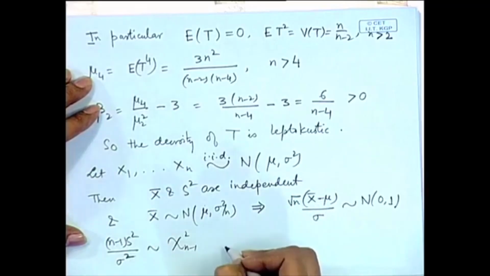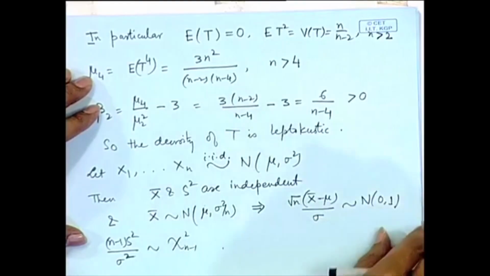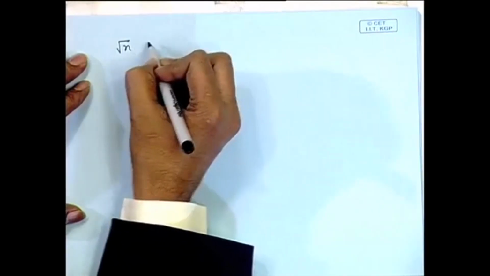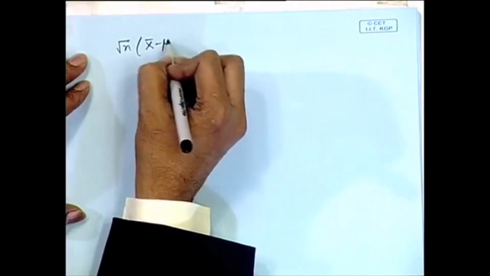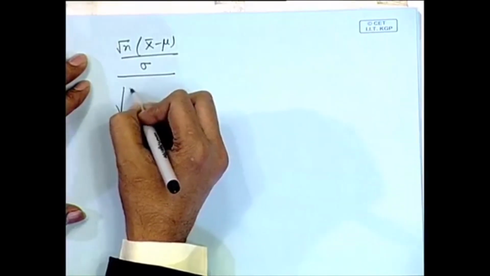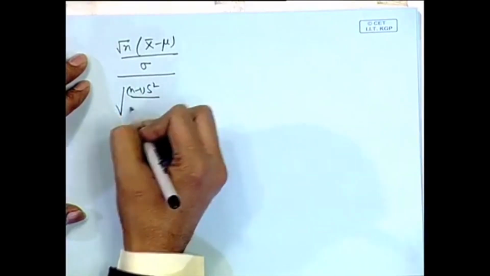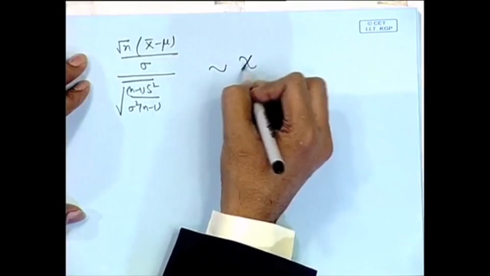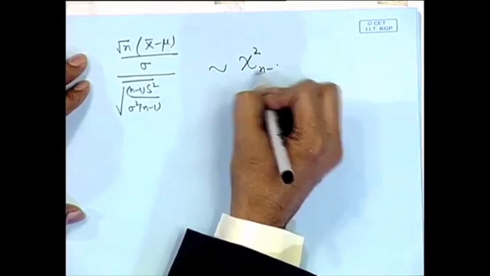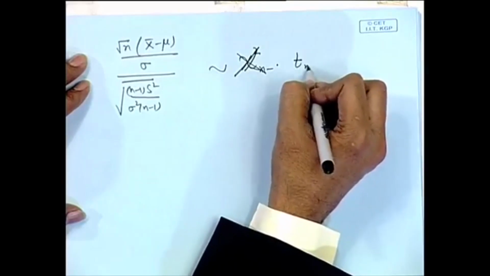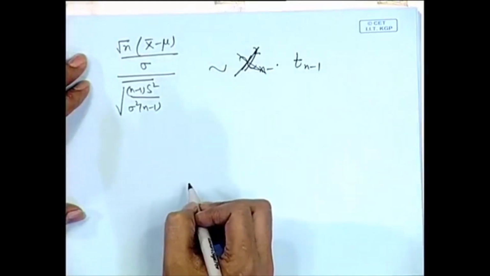So, if I make use of this definition of the t variable, then I can write root n x bar minus mu by sigma divided by root of n minus 1 s square by sigma square into 1 by n minus 1. This must follow t distribution on n minus 1 degrees of freedom.